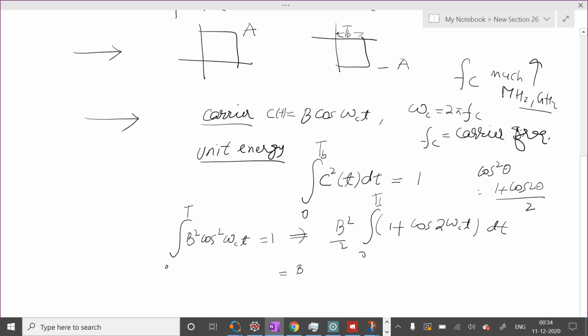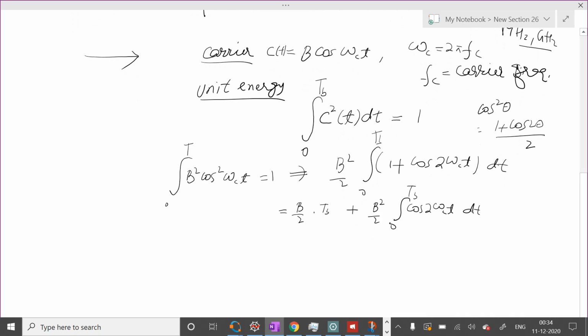which is b square by 2 times tb plus b square by 2 times the integral of cos 2 omega ct dt. Okay, so this part is very easy to verify that it will be equal to 0, and hence we are left with b square tb by 2.